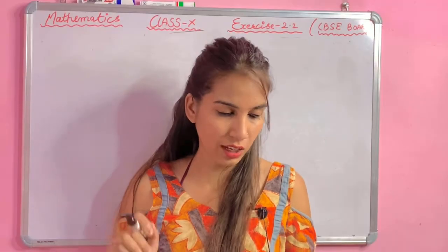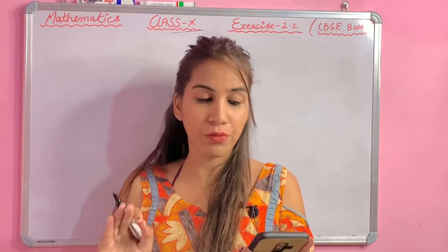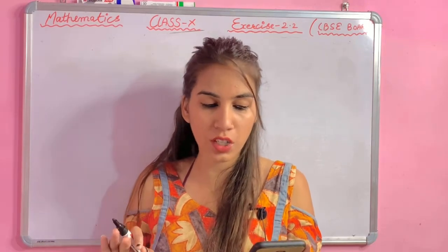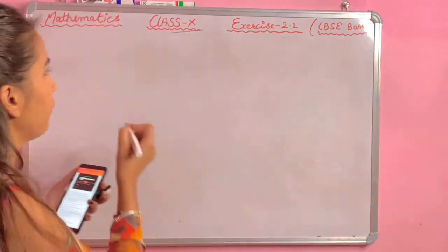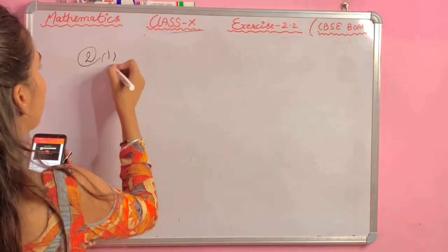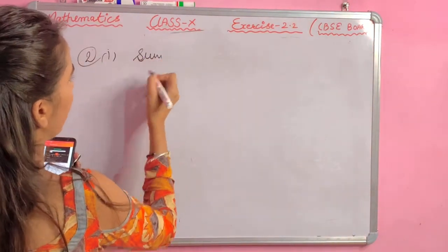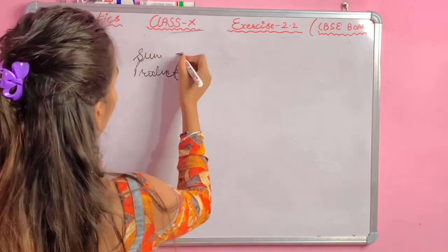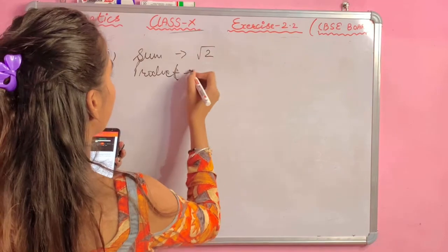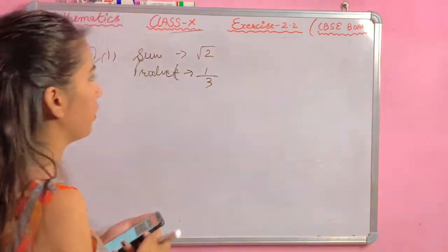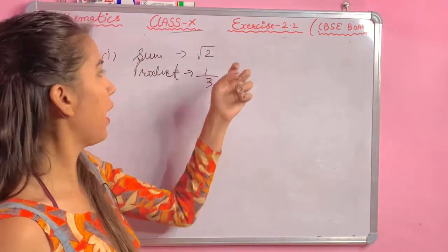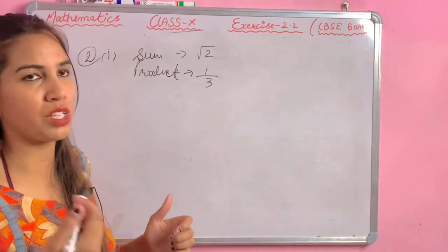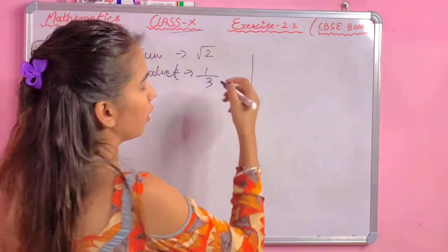So students, in the second question we have to find a quadratic polynomial whose sum and product of zeros are given. In the first part, we have the sum and product as root 2 and 1 by 3. Before starting the question, I want to tell you the quadratic equation.